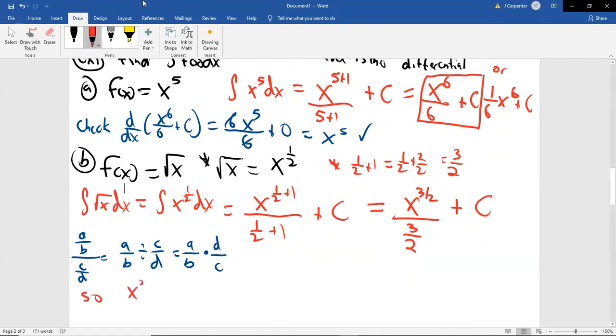So x to the 3/2 over 3/2 plus c is the same thing as x to the 3/2 times 2/3 plus c. But we don't like a normal product like this to be variable then constant. We want the constant first. So put the 2/3 in the front.